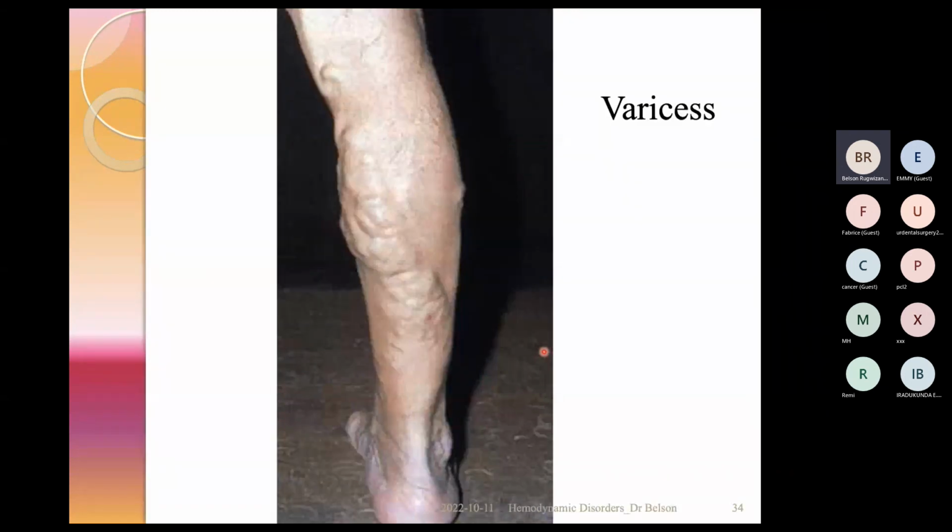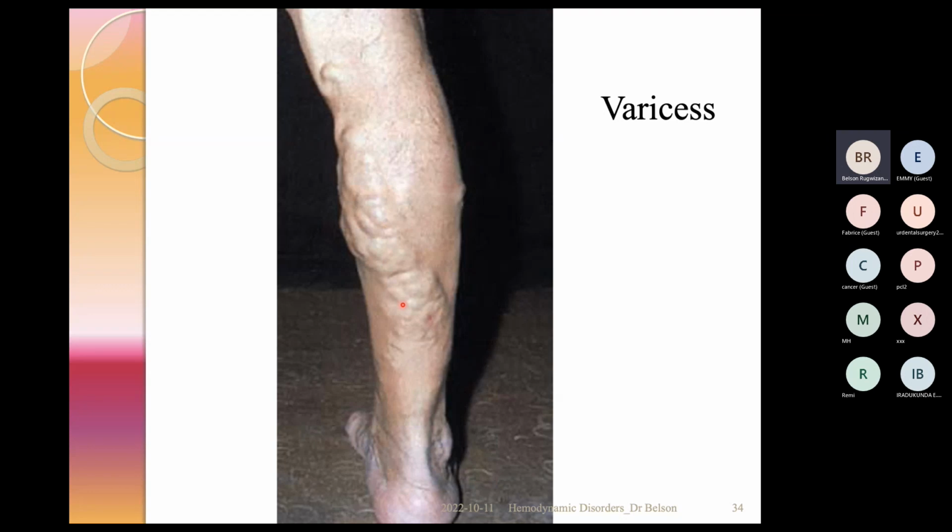So another condition is varices. Varices, I have talked how the blood flow is done through veins. Nuko iyo habayeho amaraso azamutse kubera either muscular contraction kubera movement umuntu ari gukora, iyo amaraso azamutse there are valves inside the veins zihita ziyafata ngo adasubira inyuma.